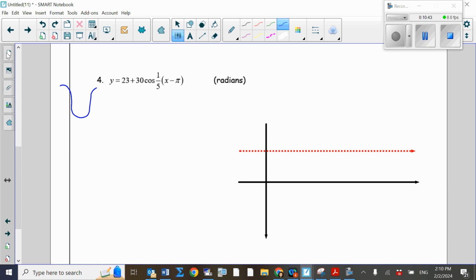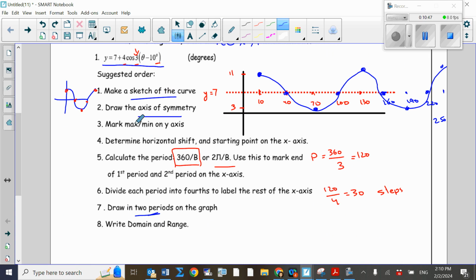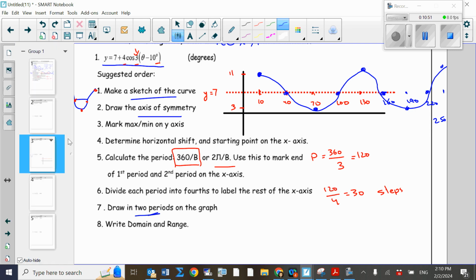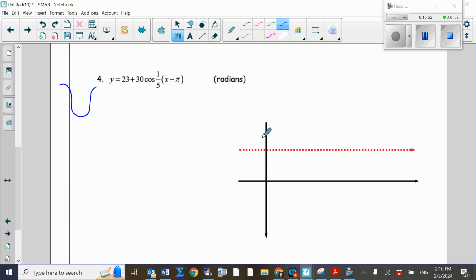Okay, now let's see what is the next step. The next step is find the maximum and minimum of the y-axis. To find the max and min, we need to find the amplitude of the function, which is coming from here. Amplitude comes from the a value, which is 30.